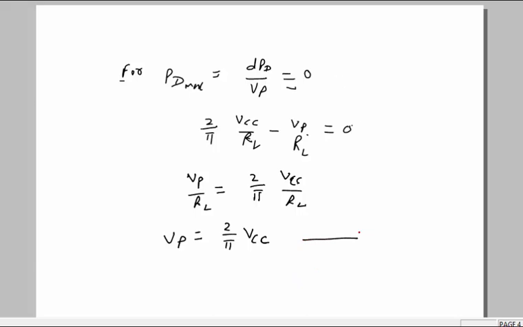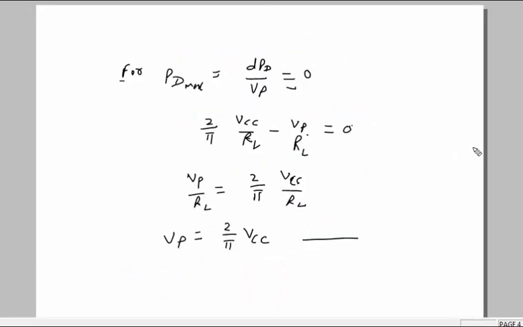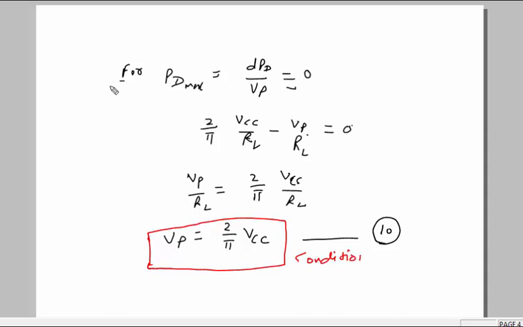The last equation number was 9, so this should be 10. Equation number 10. Now what does this Vp say? This Vp, which is 2 by pi into Vcc, is the condition for PD max.